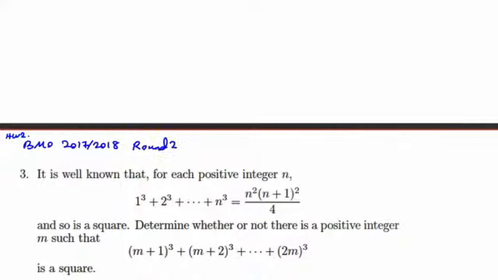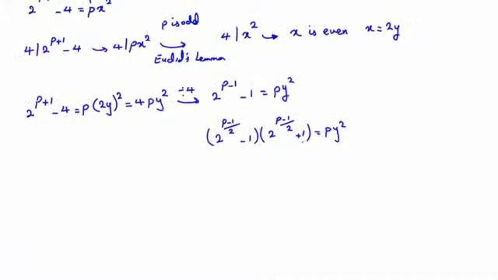Because the idea is the same. So when we have a product of two things equal to a perfect square or a prime number times a perfect square, you should consider the GCD. So we consider the GCD of 2^((p-1)/2) - 1 and 2^((p-1)/2) + 1 equal to d.